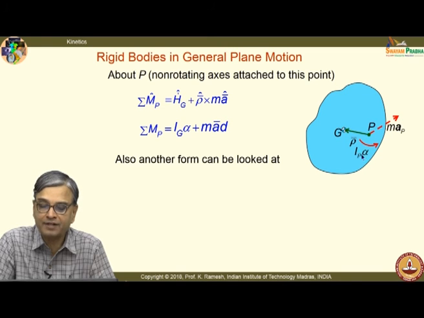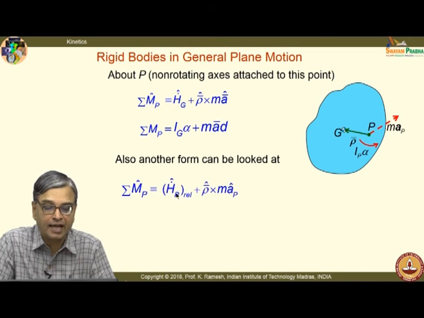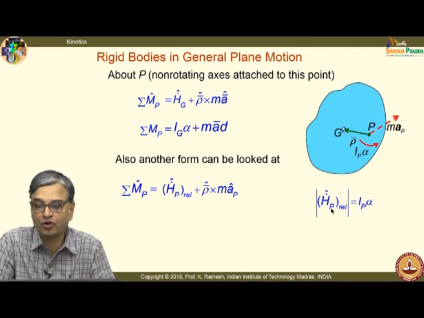I can also have I p alpha. So, mp equal to h p dot rel plus rho bar cross m a p. Go back and see which we have derived earlier. I have invoked that. And h p dot rel is nothing but I p alpha. The magnitude of this is nothing but I p alpha.